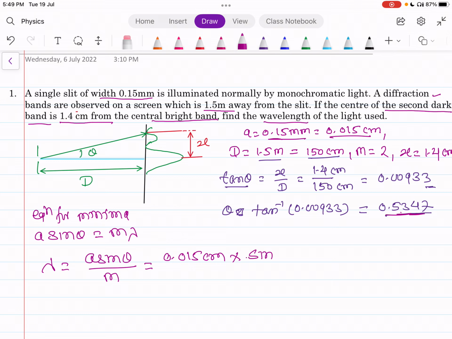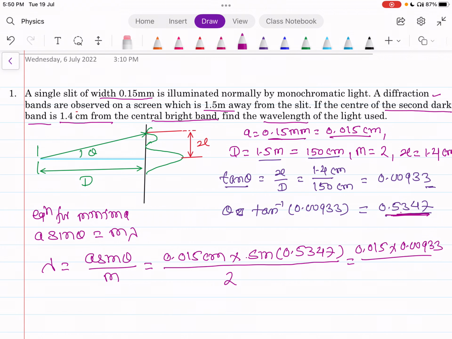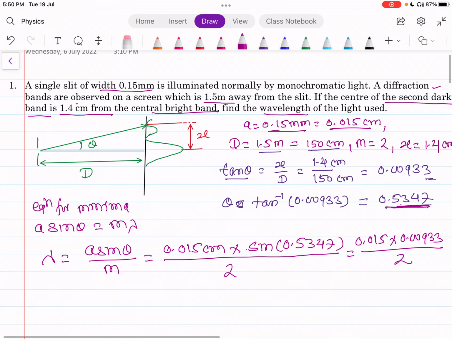Sine of 0.5347, divided by the order, which is 2. Now this is equal to 0.015 into sine of 0.5347 degrees, divided by 2, which comes to around 7 into 10 raised to minus 5 centimeters. So this is the wavelength.